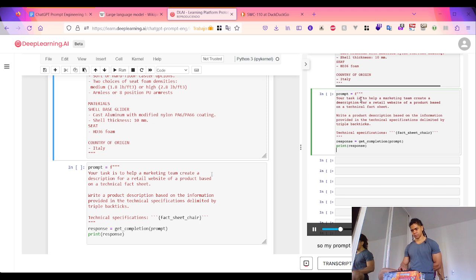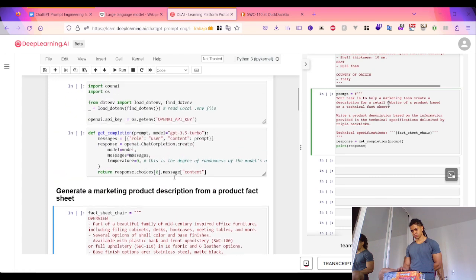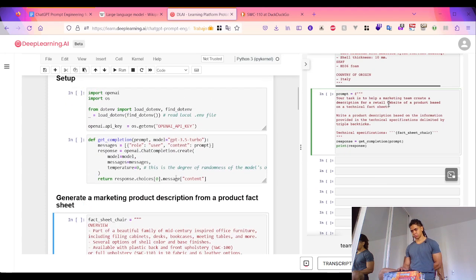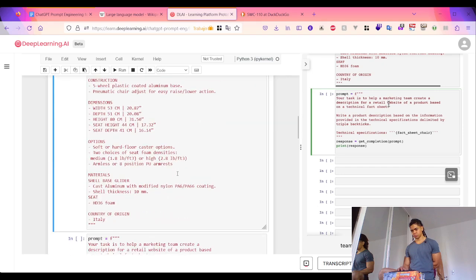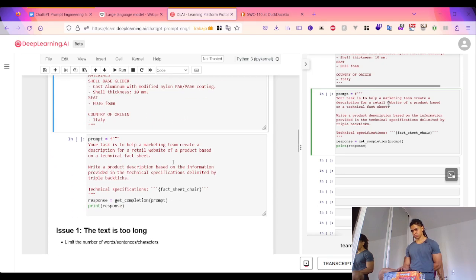My prompt here says, your task is to help a marketing team create a description for a retail website of the product based on a technical fact sheet, write a product description, and so on.